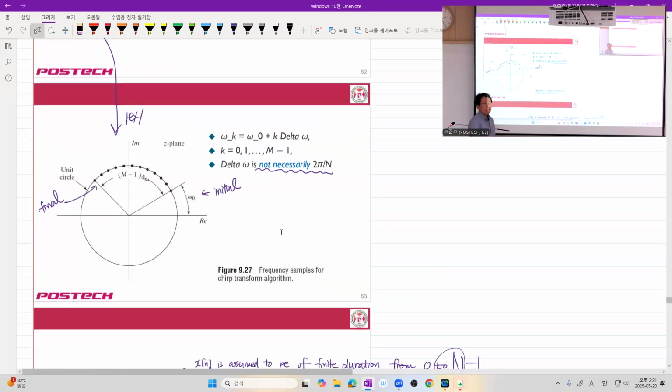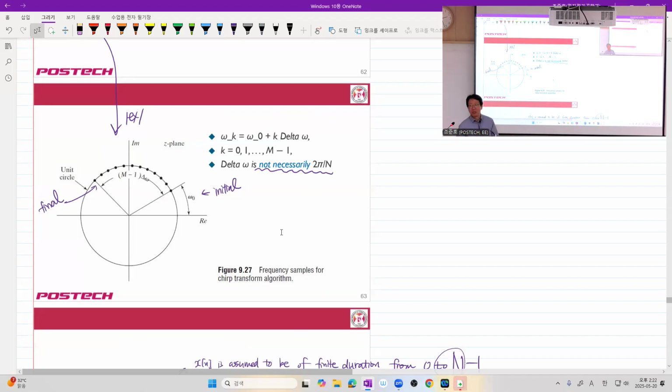So this figure is the key, and you need to remember. I was first exposed to this chirp transform algorithm when I was at your age. In my last undergraduate semester, I took the introductory DSP course, and almost at the end of the semester, the professor talked about this one, just showing us the figure and talking about what's going on.